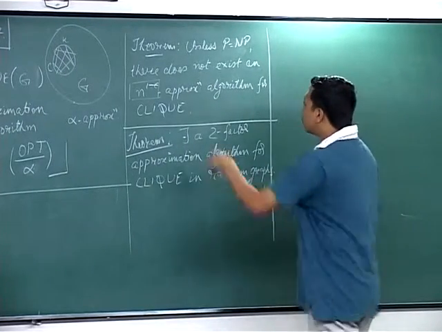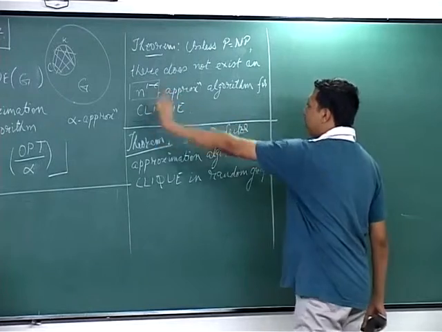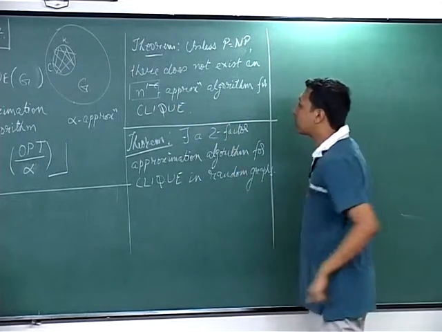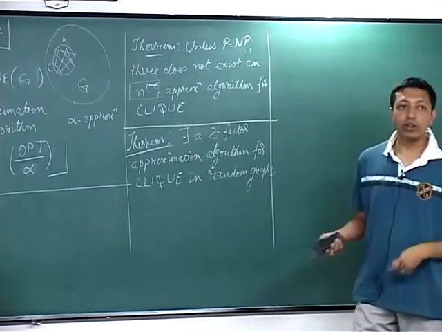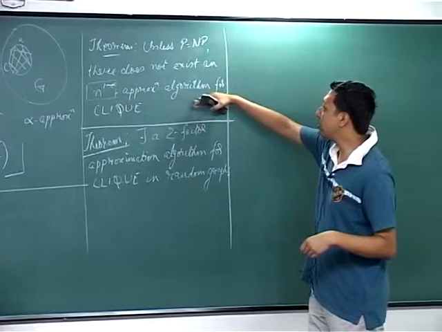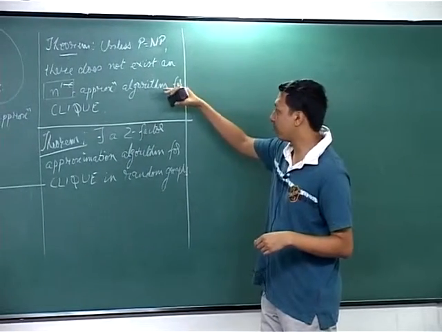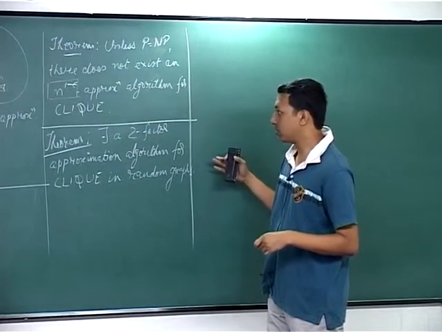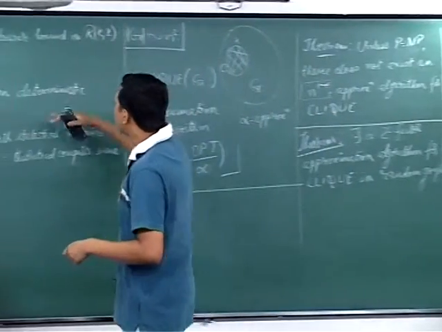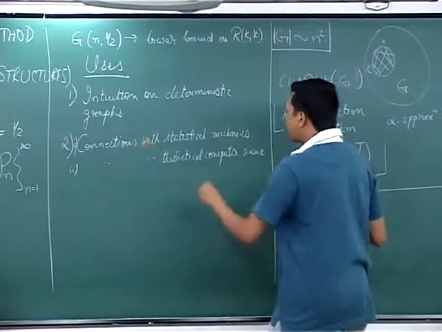So you couldn't get n to the 1 minus epsilon, but you can get a two-factor in random graphs. So what does that mean? It means that although the worst case difficulty is very high, the average case is different. Why do you get the intuition?